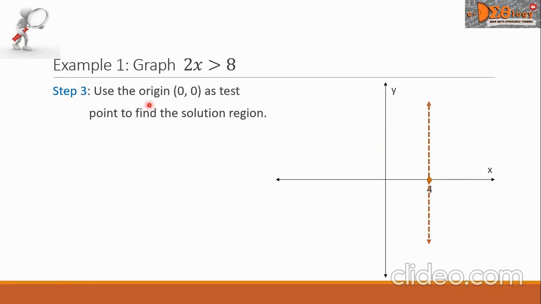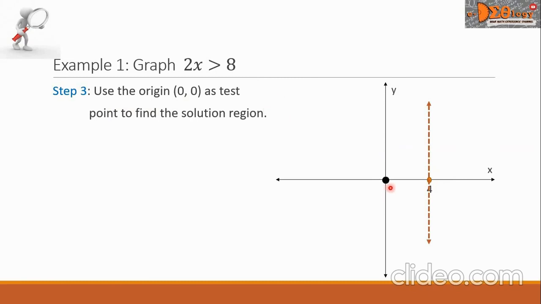Use the origin, (0, 0), as test point to find the solution region. Since we have two regions here, one of these regions will be the solution region. That's why we need to use a test point.